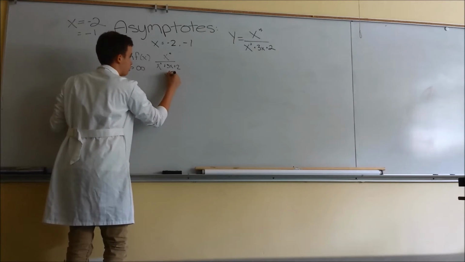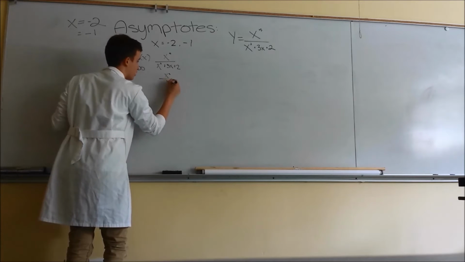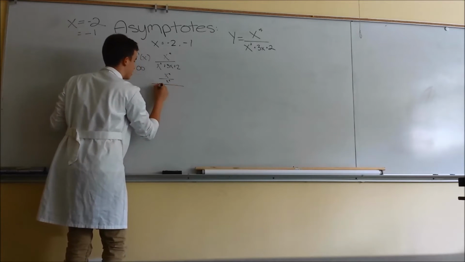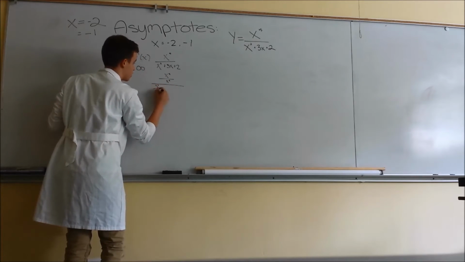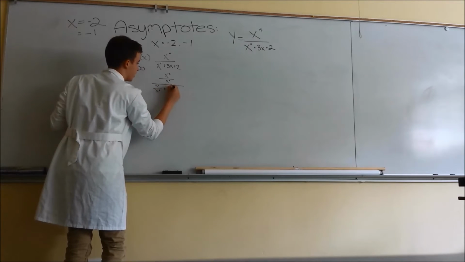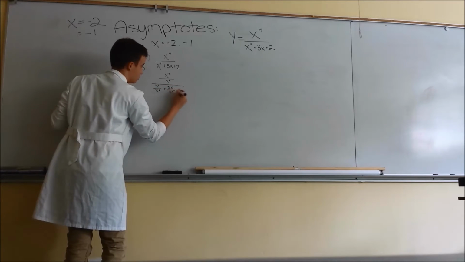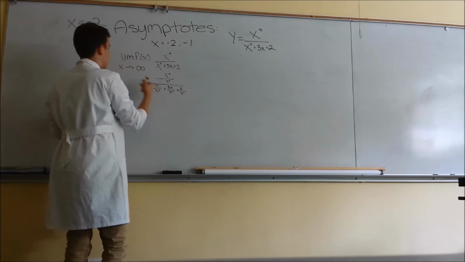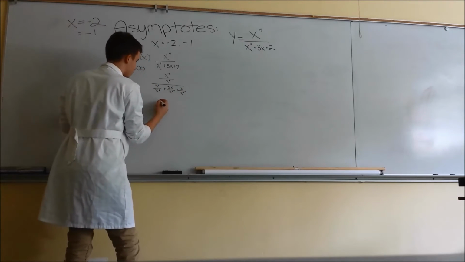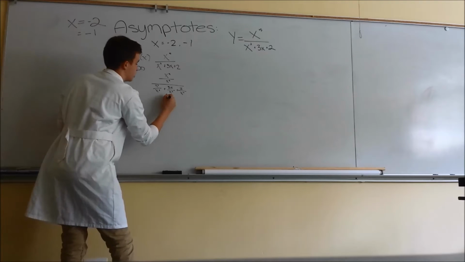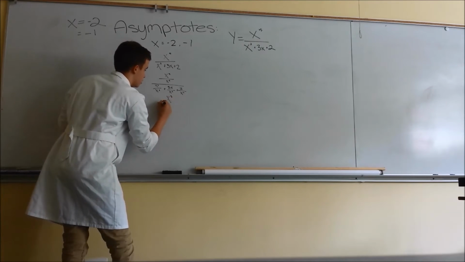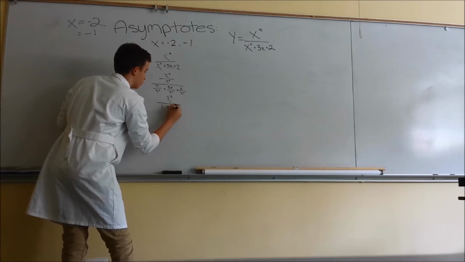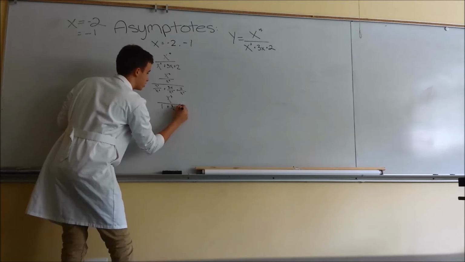So we do x to the power of 5 over x squared, all over x squared over x squared, plus 3x over x squared, plus 2 over x squared. And then we plug in infinity. Or we can simplify first, actually. So we get x to the power of 3 over 1 plus 3 over x plus 2 over x squared.